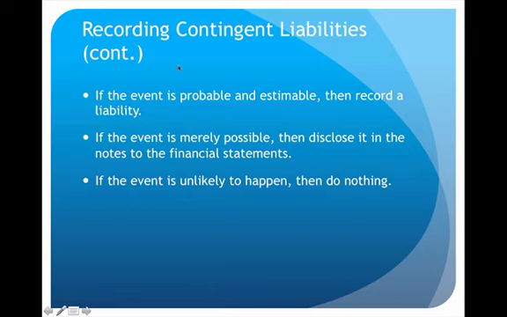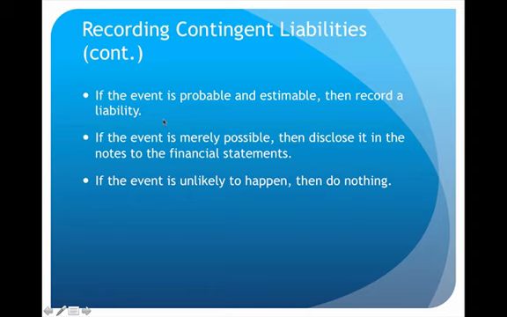In other words, if we think the chances are very strong and we have a very good reasonable estimate as to the amount, then the conservative thing to do would be to actually go ahead and record that as an actual liability. But the other option would be if we think this event is merely possible, then we would simply disclose the information in the notes to the financial statements. So that's more of a middle ground approach.